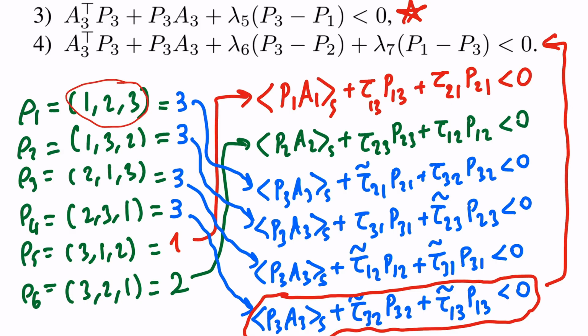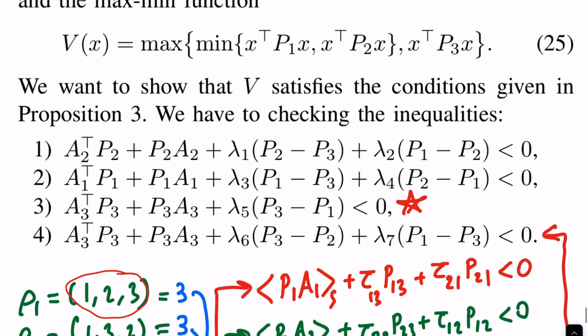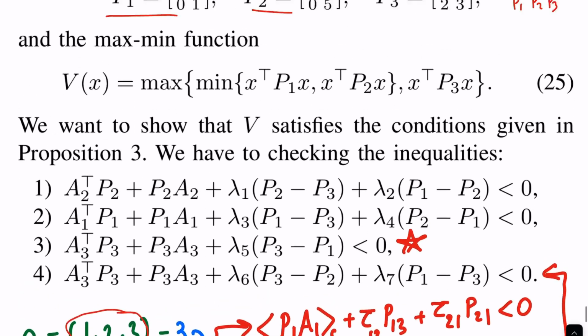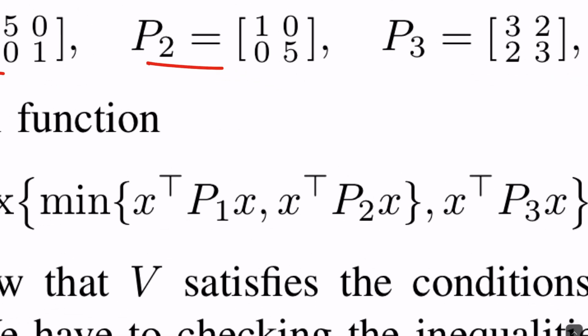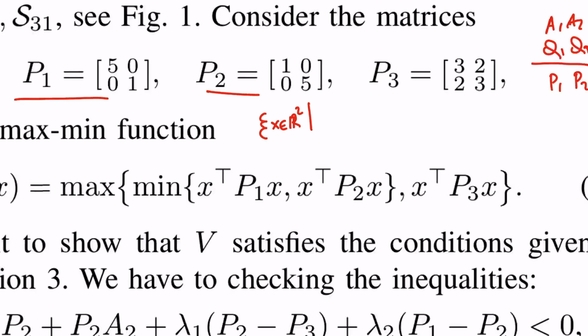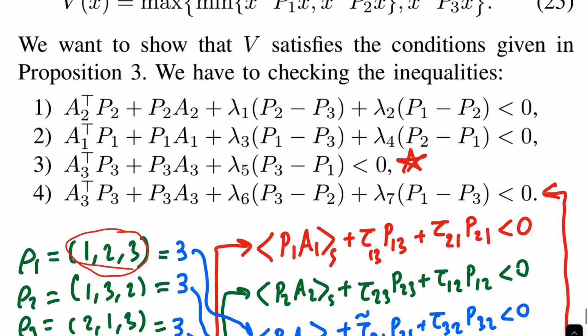Let's try to dissect that. 1, 2, 3. That means we are looking at the part of the state space such that P 1, 2, 3, right? Okay, let's check. Yeah, 1, 2, 3.